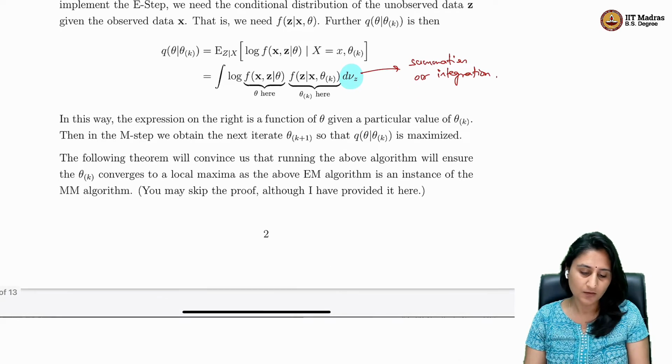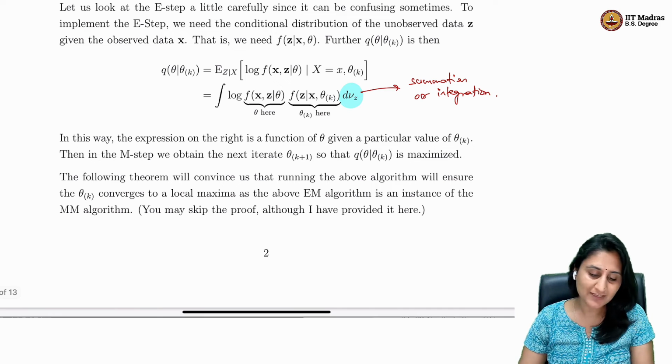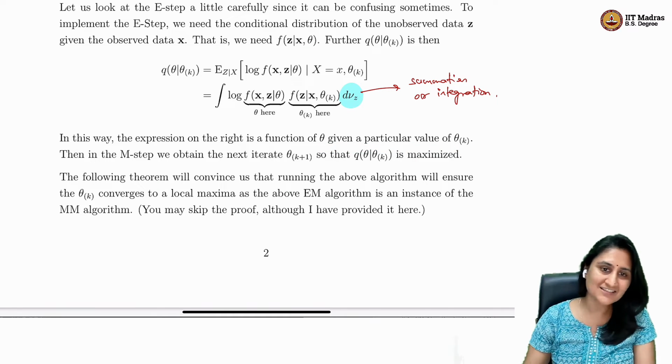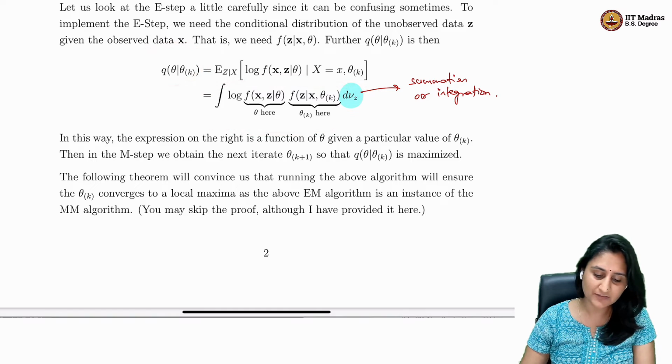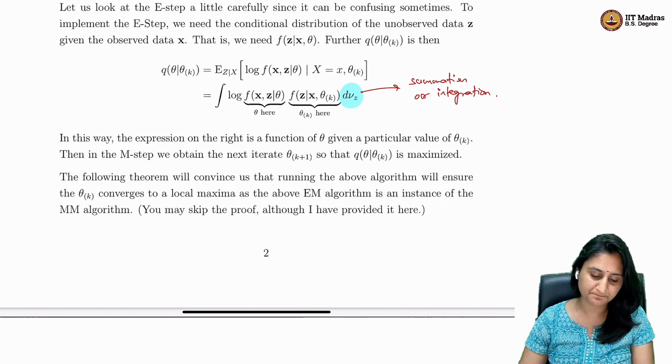So the expression on the right is a function of theta given a particular value of theta k. And then in the M step, I can maximize this function as a function of theta to get the next iteration theta k plus 1.